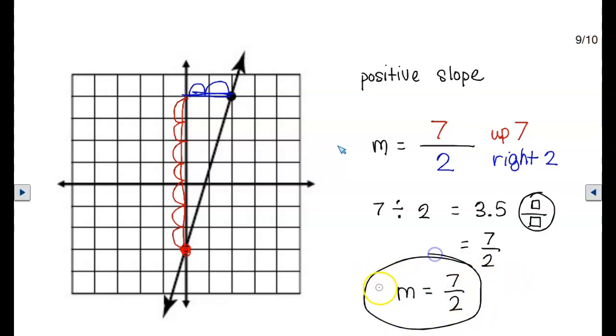So my slope on this one will be 7/2. And what I mean by that is, if I were to get a slope of 3/6, when I type in 3 divided by 6, I would get 0.5. And then when I press my fraction button, that would change it to 1/2. So the 3/6 will simplify to 1/2. So that's what we're looking for there.